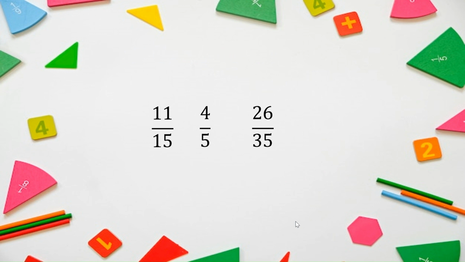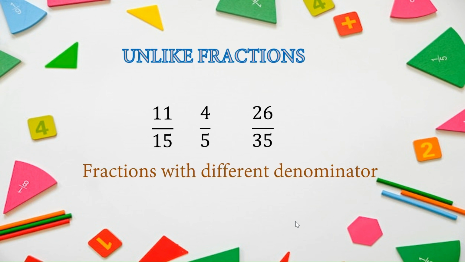For any other type, say here, all the fractions are different. They don't have any similarity. These types of fractions are called unlike fractions. So fractions with different denominators are called unlike fractions. The previous case, where we saw the same numerator but different denominators, even those come under unlike fractions.